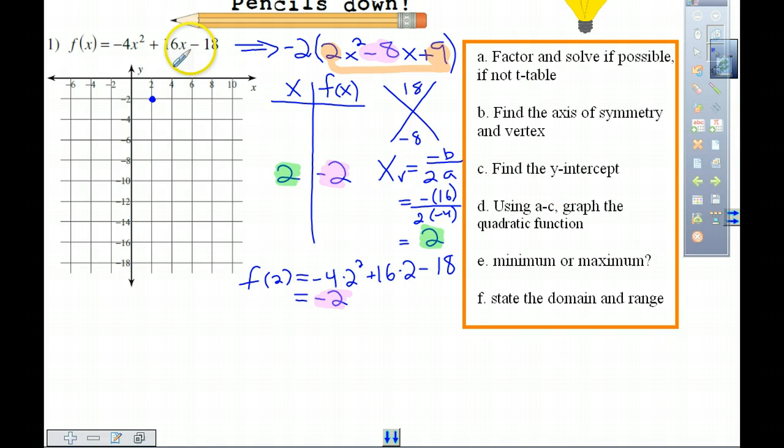Y-intercept C is negative 18. So there's the y-intercept, negative 18, there we go. What you want to do now is pick 2 points that are less than the vertex here. I want to go down, so let's say 1 and 0. And you also want to find 2 more that are above, 3 and 4.